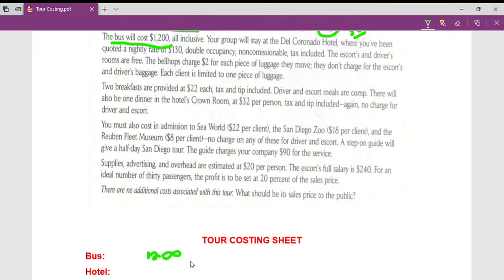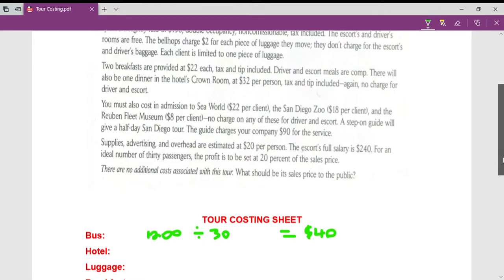Remember, fixed costs don't change. So we have our reasonable number of 30, and therefore our price per person is going to be 40. Please don't forget the currency sign, but for the purpose of this assignment, because it's difficult for me to write with this, we're just going to ignore that. So now let's move on.